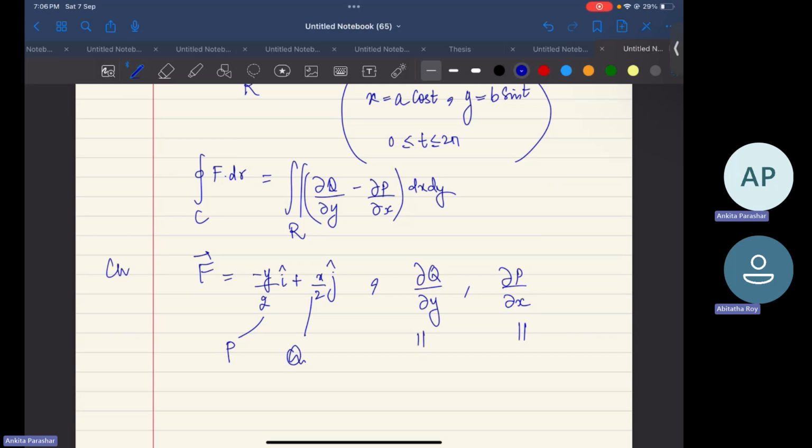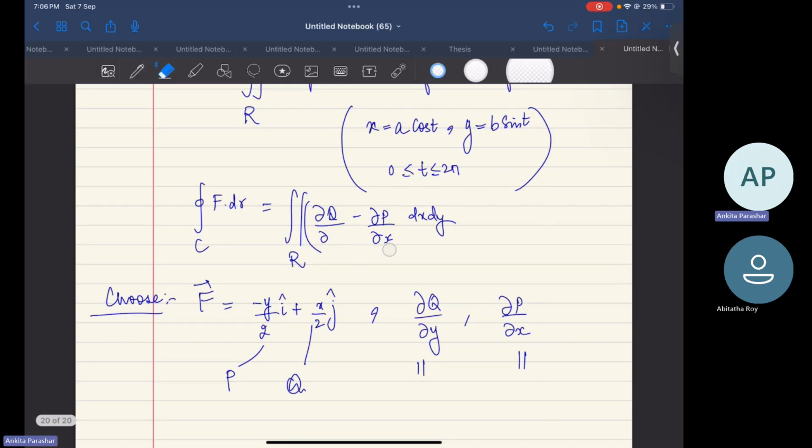Minus 1 by 2 and 1 by 2. Oh, Q is x by 2, right? Then both will be 0 in this case. Sorry, I changed certain things. I think this is x and this is y. I'm sorry, I did something wrong.